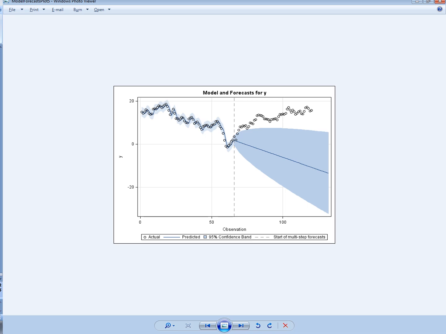It's a combination of no trend and linear trend. And trying to fit either of those models, SAS is going to detect a lot of volatility. Since it detects a lot of volatility, it's putting a lot of weight on recent observations.